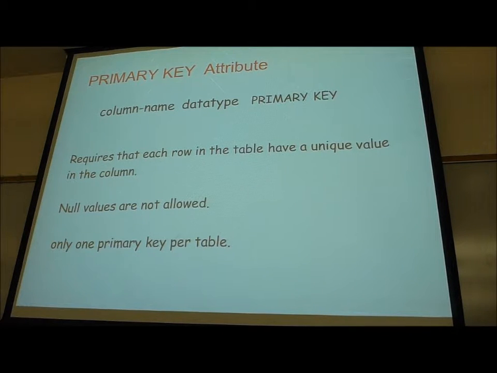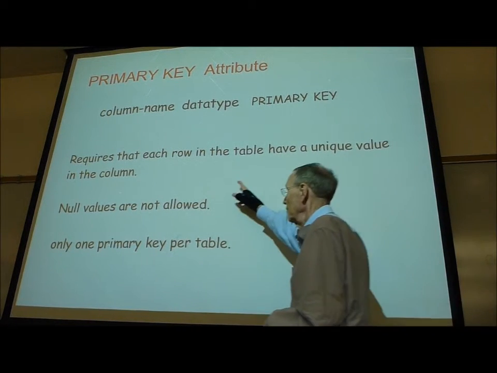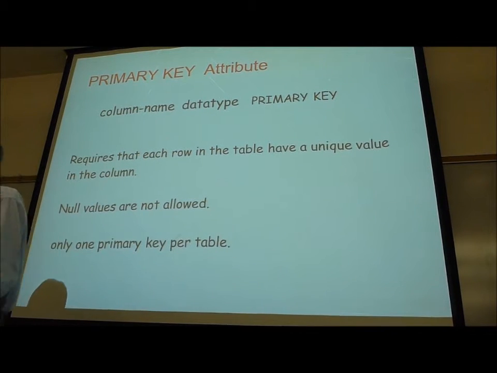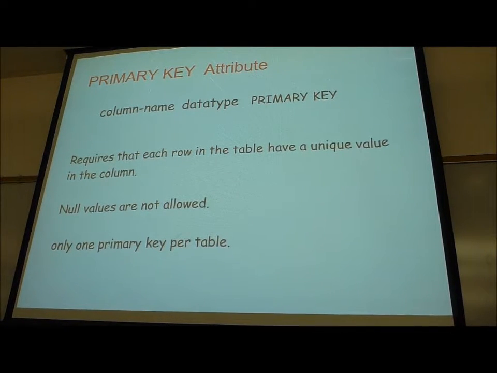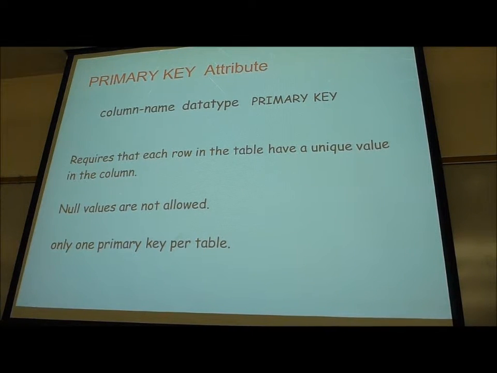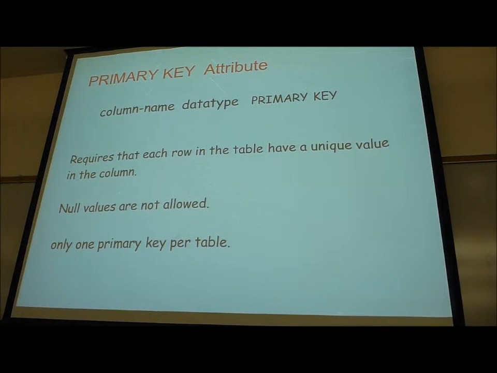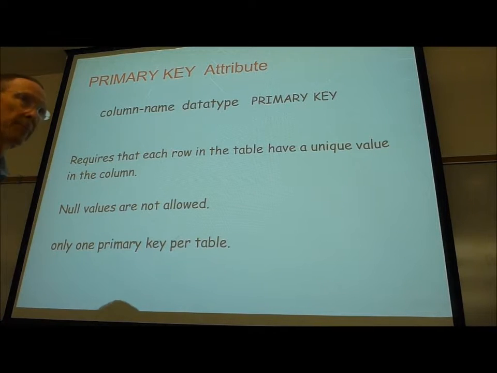Next week, we'll look at another alternative for doing that. It requires that each row have a unique value. That's going to be one of the restrictions for a relational table, for relational operations to work.